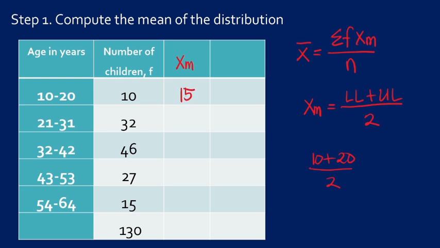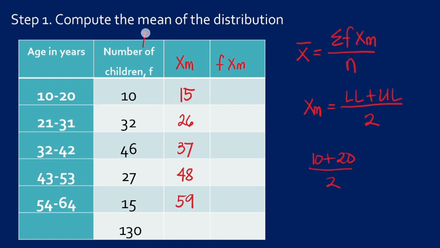We can use the same formula for the rest of the intervals, or we can just add the class width to 15. So 15 plus the class width of 11 is equal to 26, then adding 11 to 26 gives us 37, and we add 11 to 37 to get 48, and then 48 plus 11 is 59.